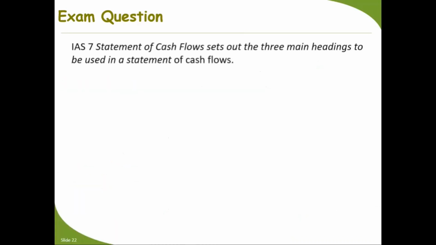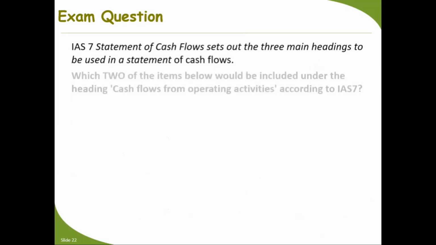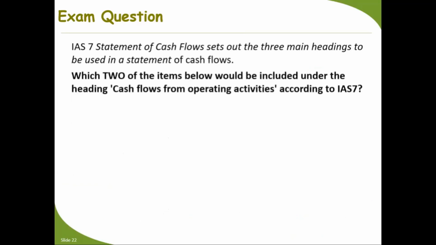Then IAS 7 statement of cash flow sets out the three main headings to be used in statement of cash flow. Which two of the items below would be included under the heading cash flow from operating activities according to IAS 7? Now keep in mind, when we are talking about cash flow from operating activities, over there either cash generated from operation and the second performer, both is the part of cash flow from operating activities.